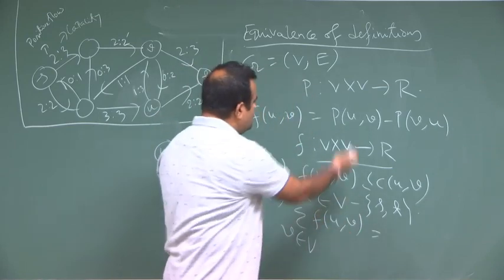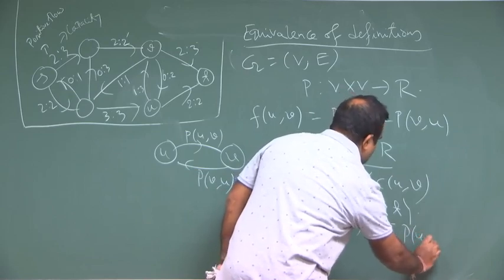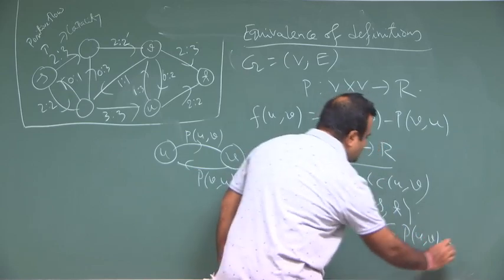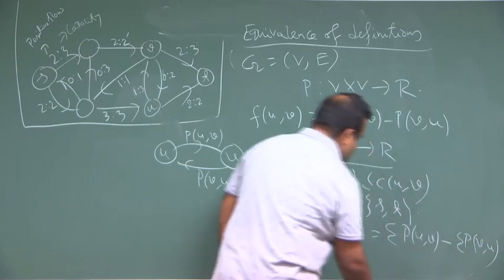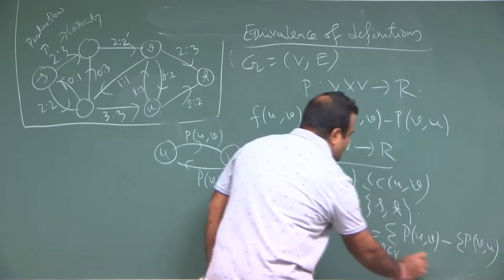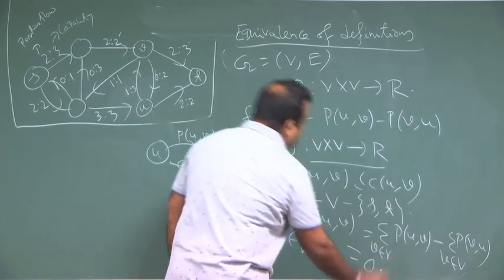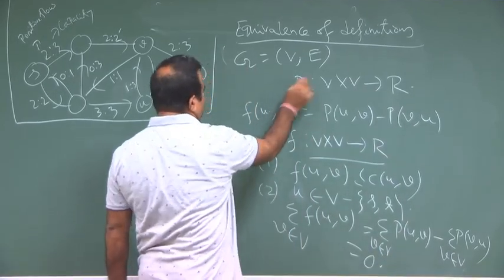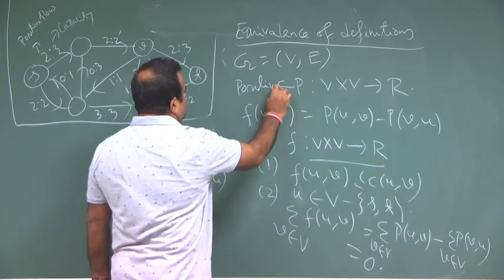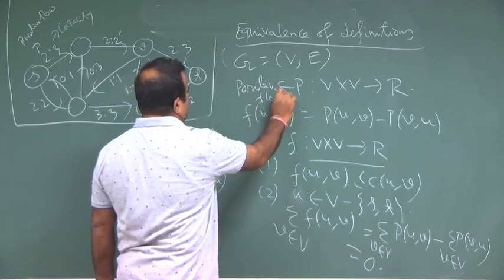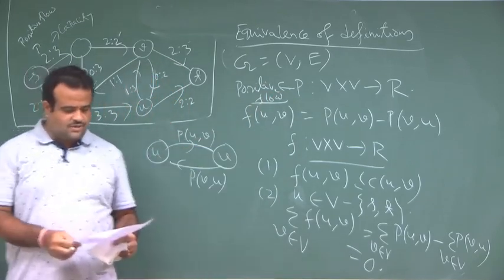This is nothing but the summation of p u comma v minus the summation of p v comma u, over all v. Now, we know this is 0 from the definition of the positive flow. We were given a positive flow function, then we defined a function like this, and this function is a net flow function.